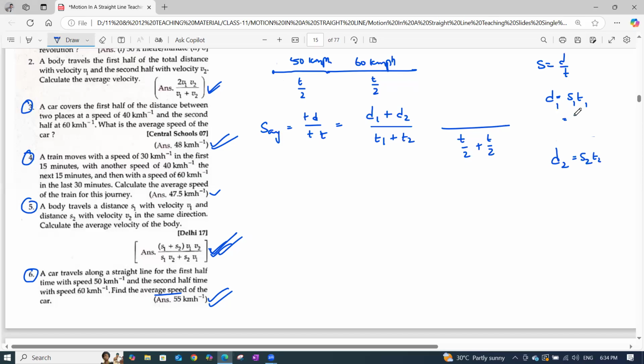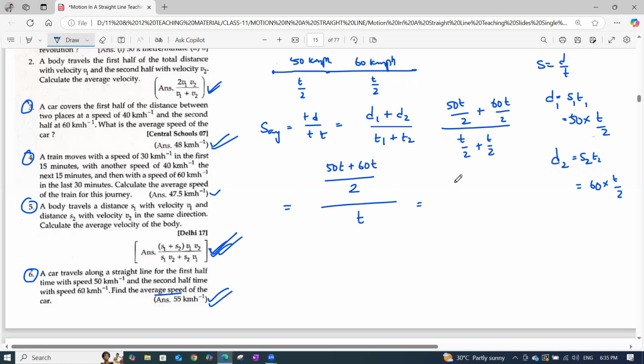Now d1 is equal to, what is the first speed? 50 multiplied with what is time? t by 2. In the second condition, speed is 60 multiplied with time t by 2. So we can substitute it as 50t by 2 plus second distance 60t by 2. Now the numerator becomes, if we take LCM 2, 50t plus 60t by 2, and t by 2 plus t by 2 is t.